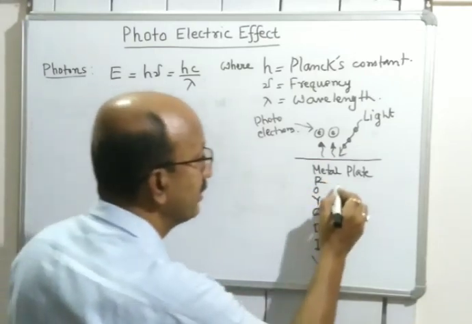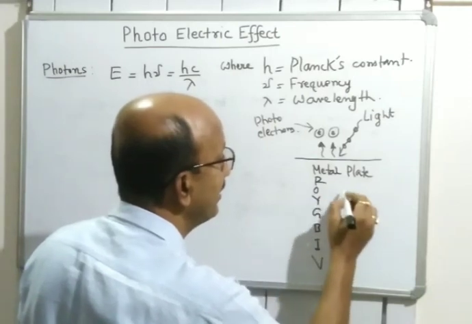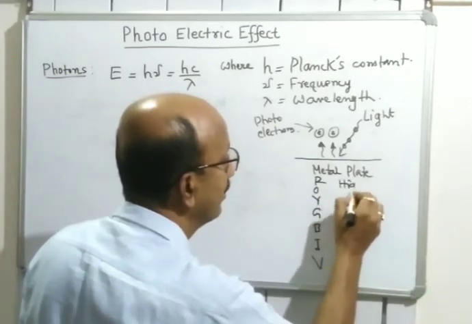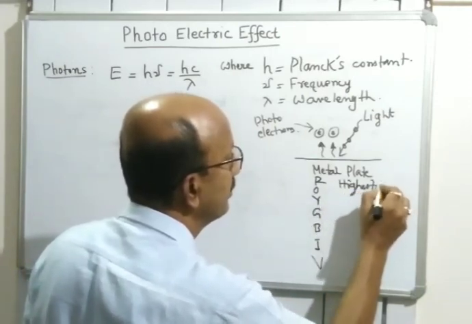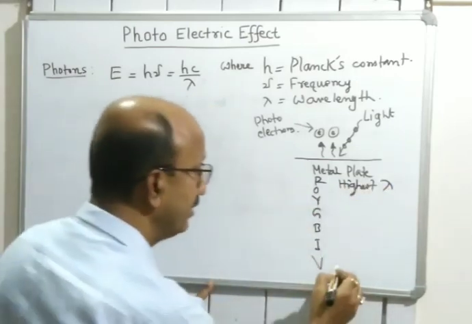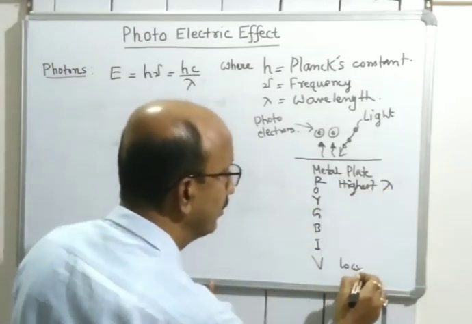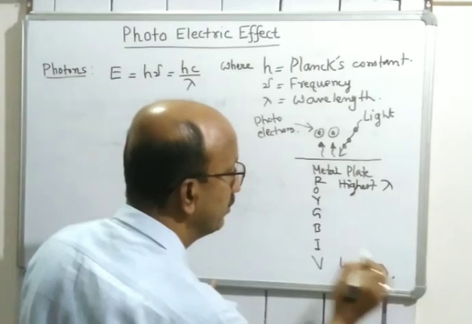you know that red light has the highest wavelength and violet has the lowest wavelength.